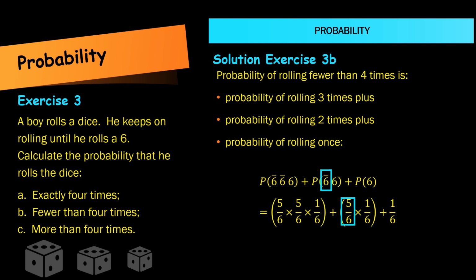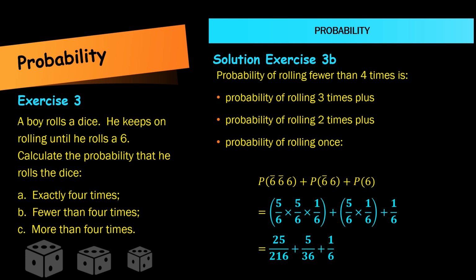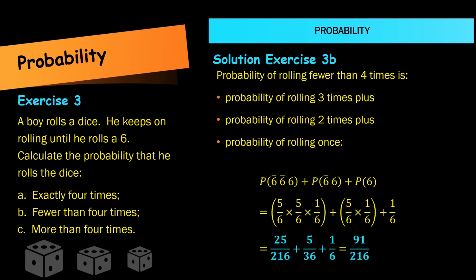And similarly we add that to 5/6 times 1/6 plus the probability of rolling a 6 on the first go, which is 1/6. And calculating this gives us the expression shown here. And finally, tidying up gives us 91 out of 216.